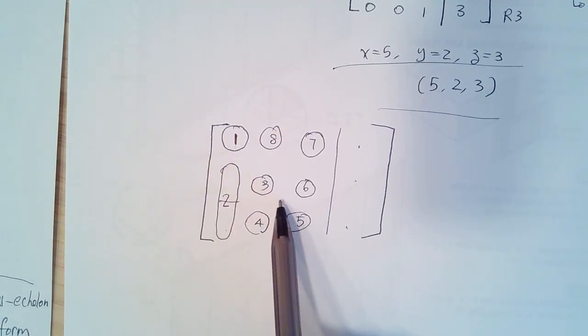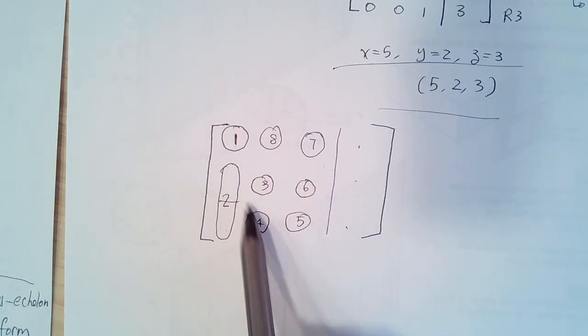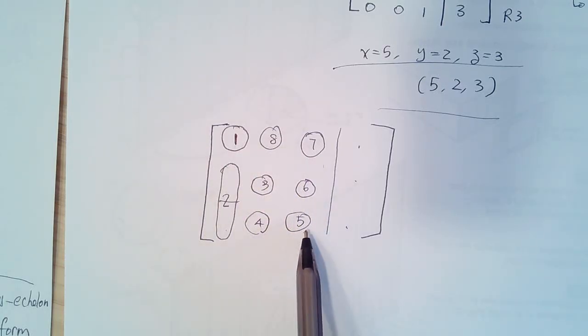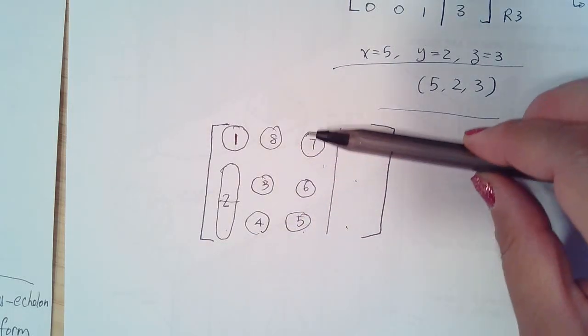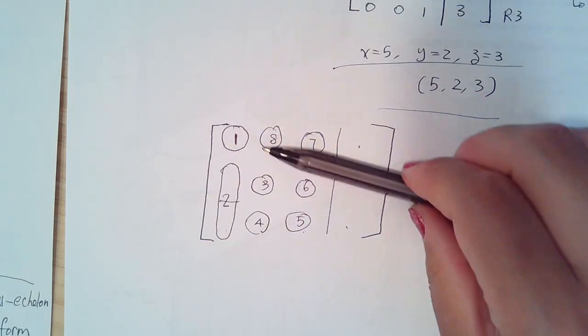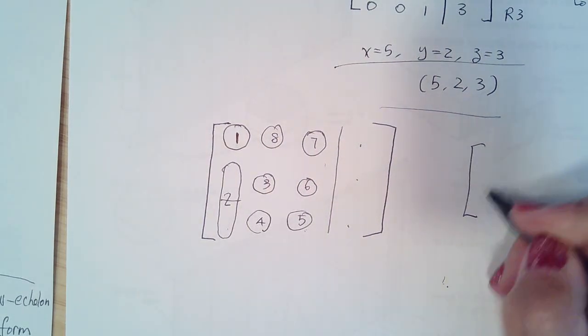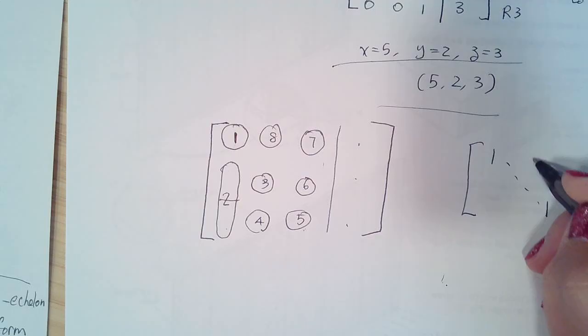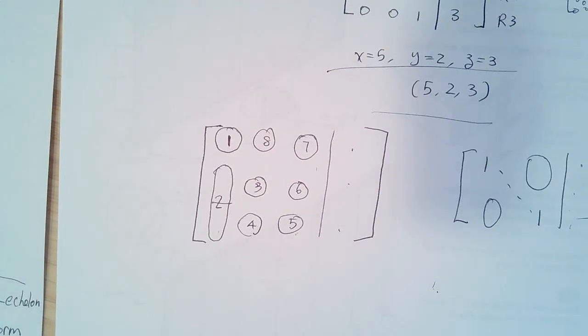And then keep going until you finish at the bottom right corner of your coefficient matrix, and then move backwards to eliminate all those numbers to make sure that everything above is 0. So the purpose at the end is to get all the 1s and all the 0s. So you have the solution.